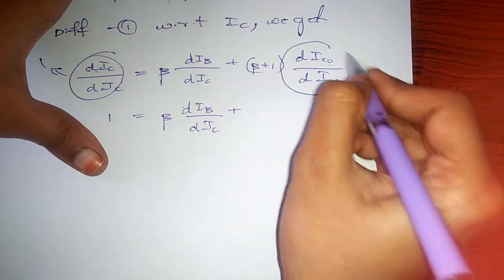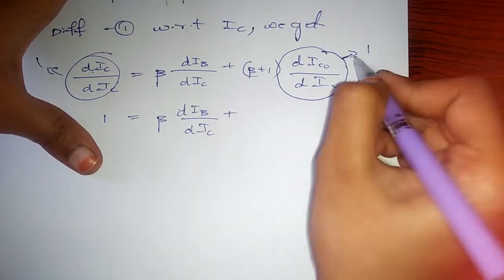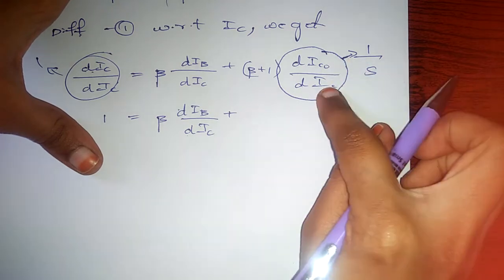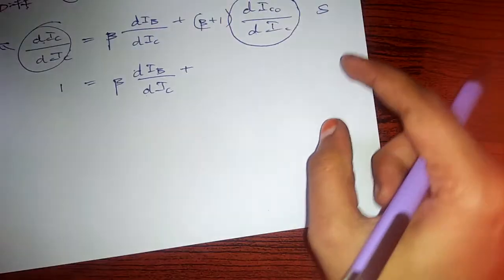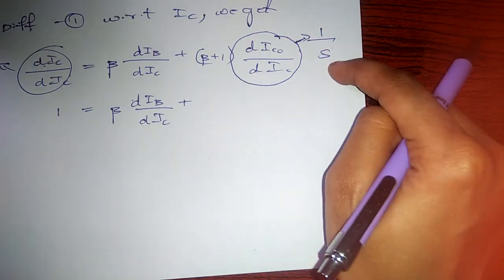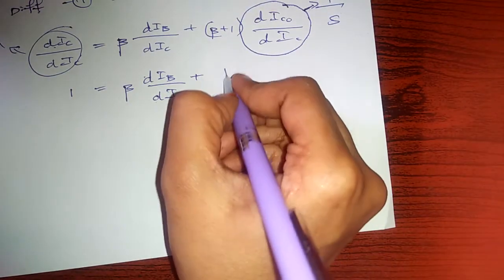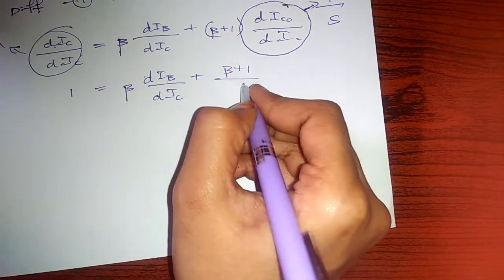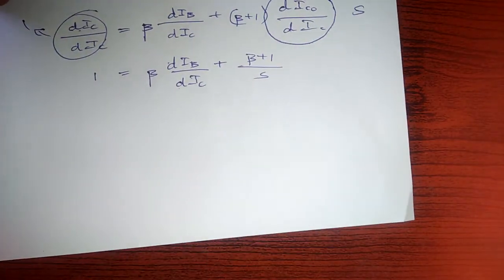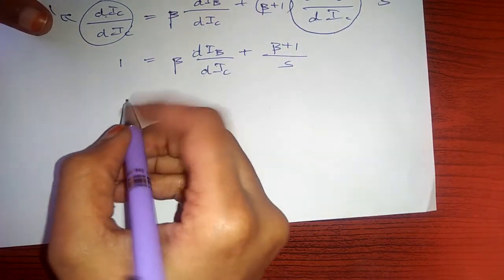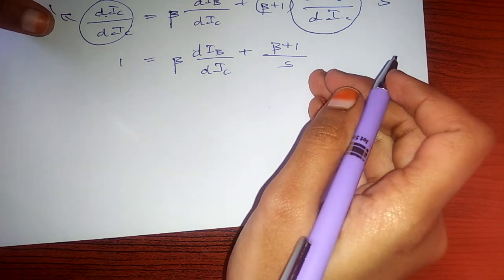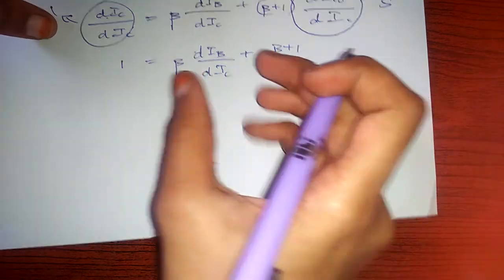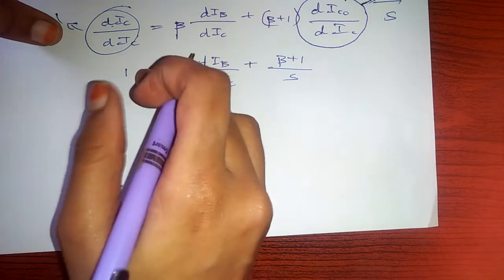If you look at this, dICBO by dIC is nothing but 1 by S, since dIC by dICBO is equal to S. So this is represented as 1 by S, so beta plus 1 by S. Now move this beta dIB by dIC term to the other side.